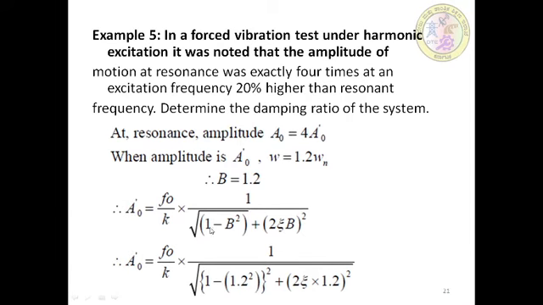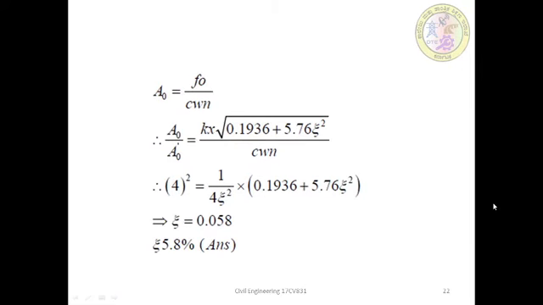You substitute here, beta is 1.2, and F naught, and in the denominator k, which you can write as c omega n squared, and take the ratio A naught by A naught dash.